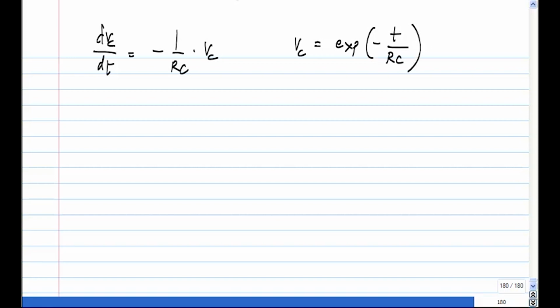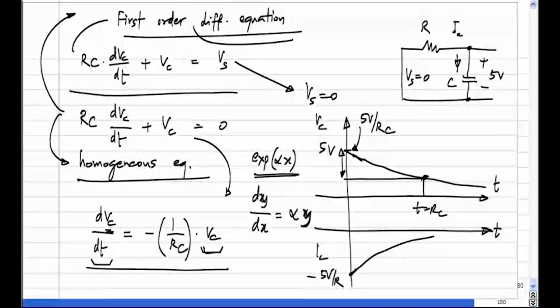Now there has to be some constant here, right? This is of the form of exponential of minus t by Rc, but there will be some constant, because if you scale Vc by any number, that's also a solution, right?